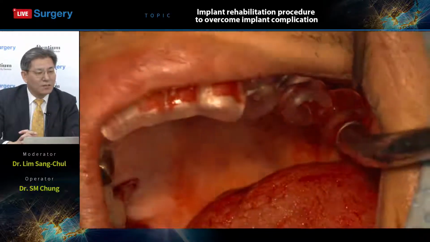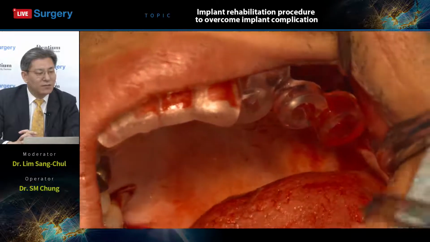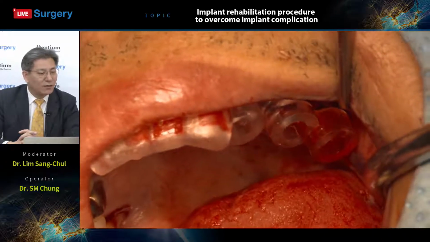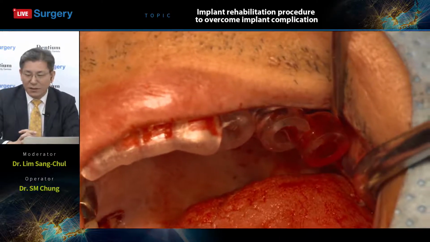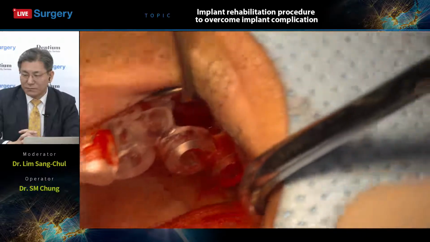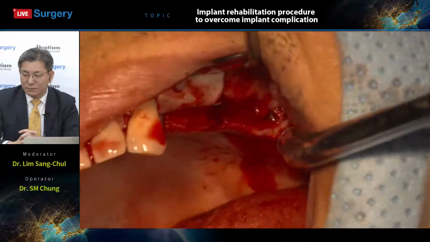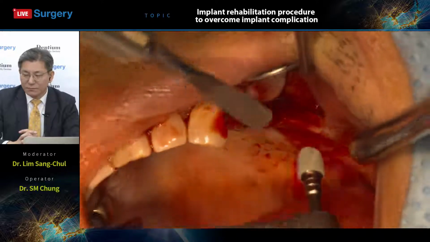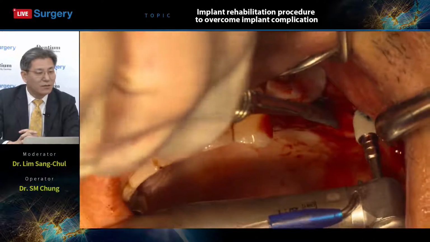Okay, using this surgical stent, at the number 27 area, he is starting to drill to place the implant.